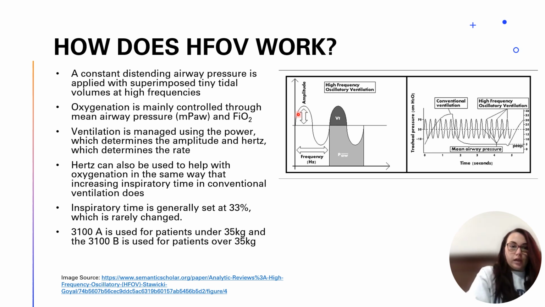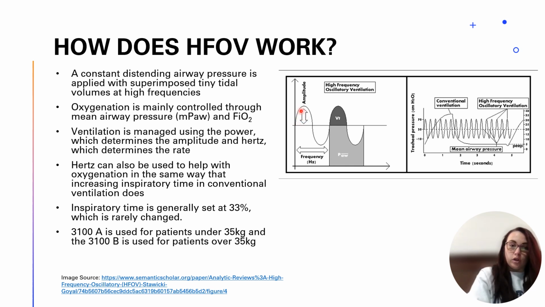This is where you have your mean airway pressure, and these curves right here represent the tidal volume that's being delivered. The tidal volume is determined by your amplitude and your frequency, or your hertz. If you have very high hertz, your curve is going to be smaller, so you're going to have less volume being moved with each breath.